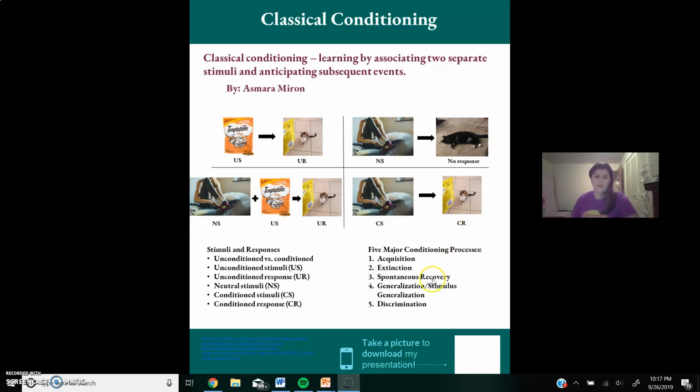However, there's a term called spontaneous recovery, and that's basically if I decided to give them treats again after putting my shoes on, they would respond to it again. Basically, if the CS were to start occurring with the US again after a period of time where the US wasn't happening, the CR would come back.